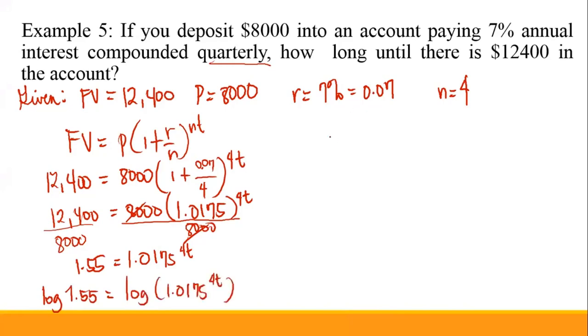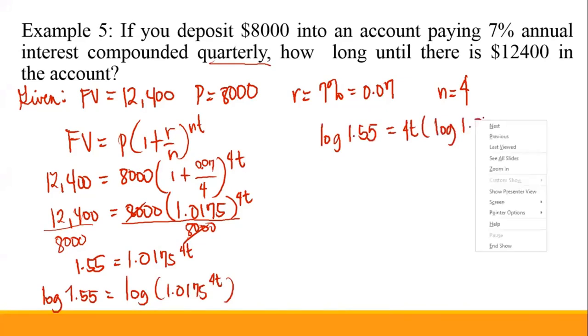So, log 1.55 equals log 1.0175 raised to 4t. Okay, tuloy natin dito. Using property 5, log 1.55 equals 4t times log 1.0175. Okay? Wait lang. Sorry, nababa na pala natin.